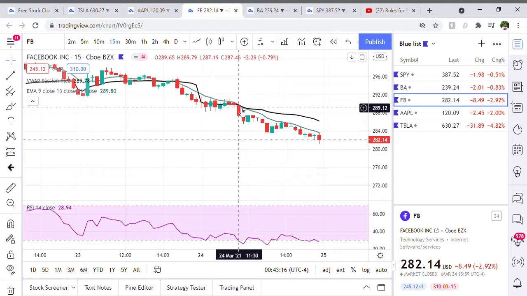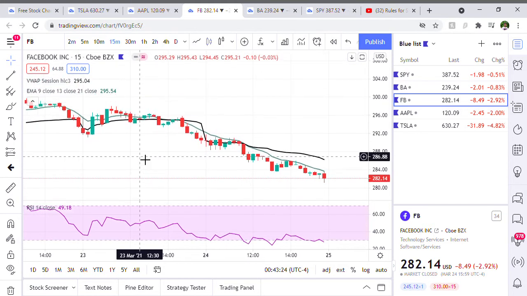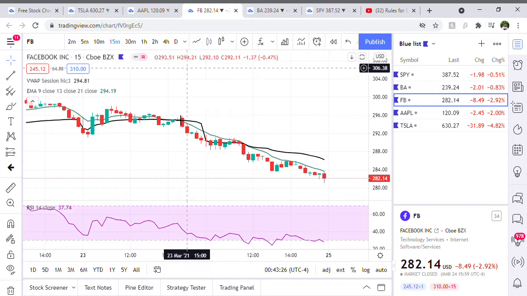to 11:45. Let us check the low of the candle and the VWAP. VWAP you can see here and the low of the candle over here.